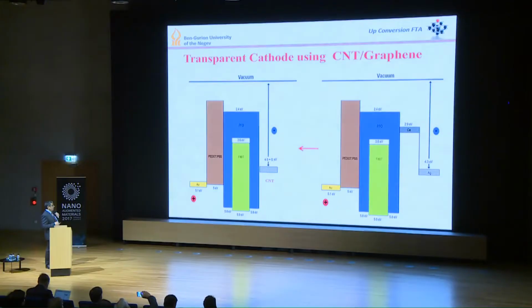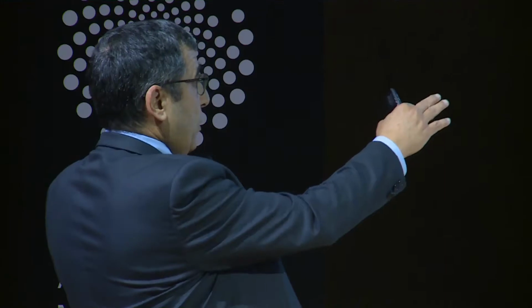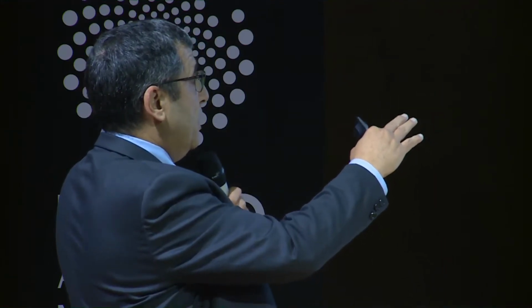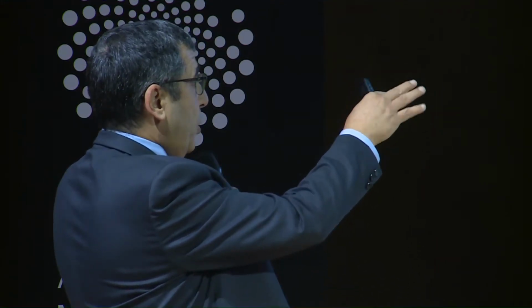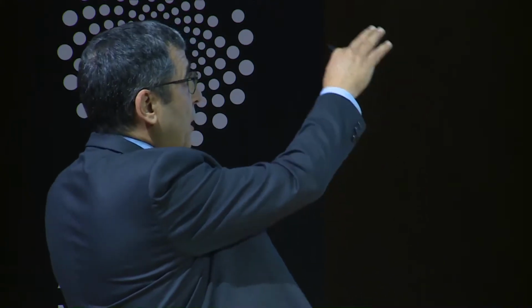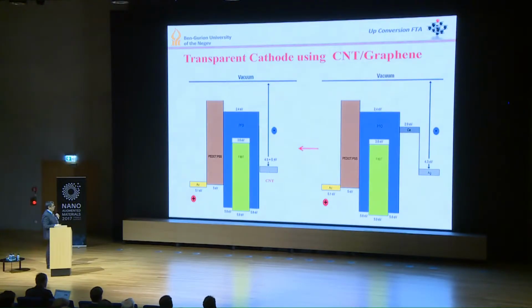And you can see here the reason for that. If we want to inject electrons from, let's say, a cathode to the OLED section, as you can see over there, then in this case, we basically have to go over a barrier, which, let's say in the case of the carbon nanotube, is a barrier between the 4.5 or maybe 5 electron volt to the 2.4 electron volt.